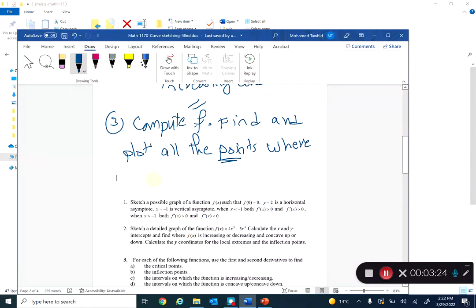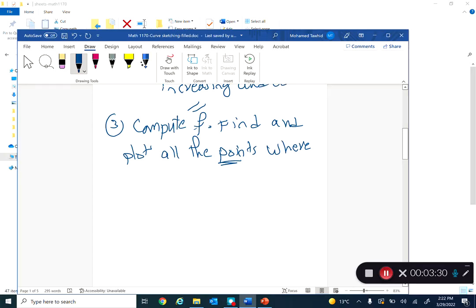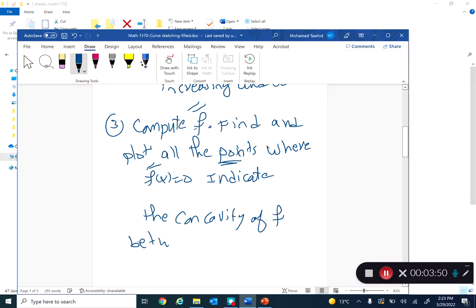inflection point. Okay, so let me give a little room for myself before I solve. So the second derivative is 0, and try to indicate the concavity of f between these points, which are inflection points. An inflection point is a point where your second derivative is 0 or does not exist.